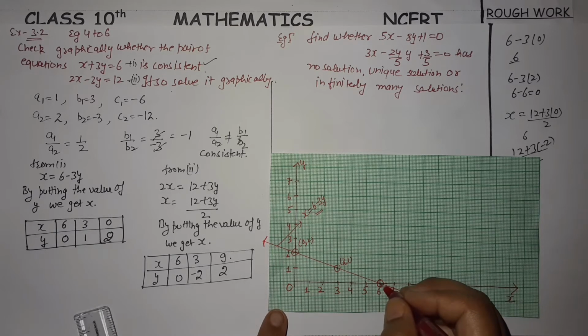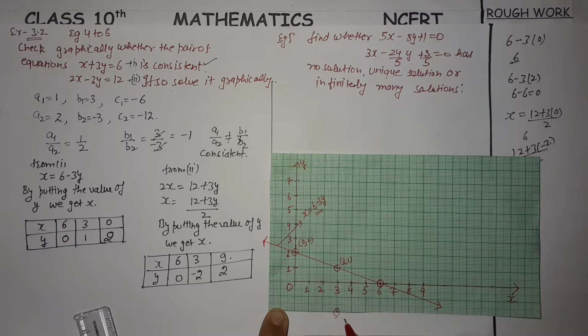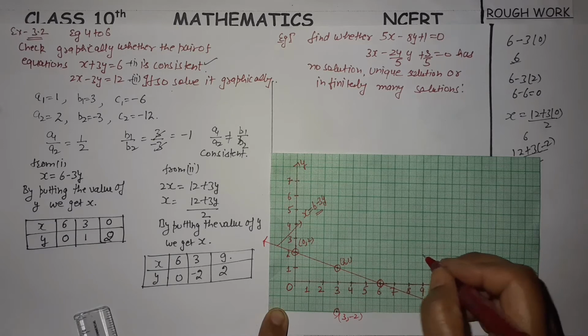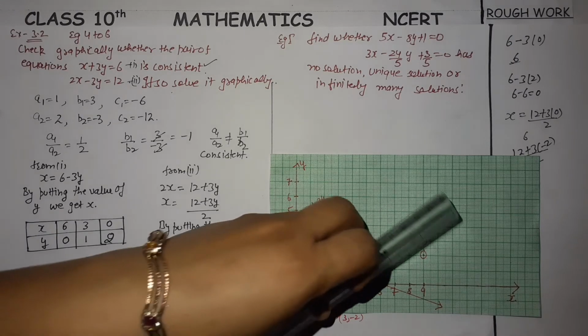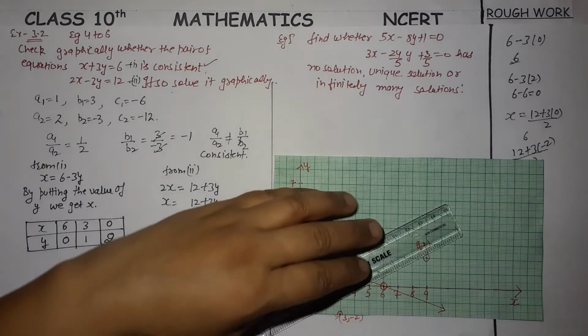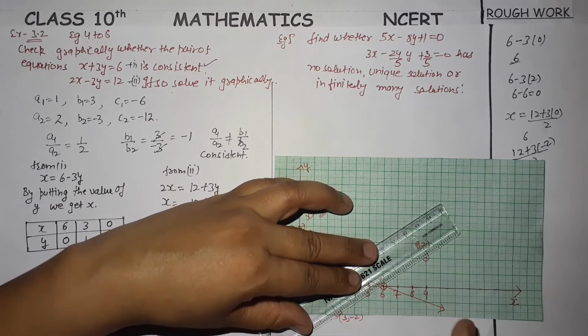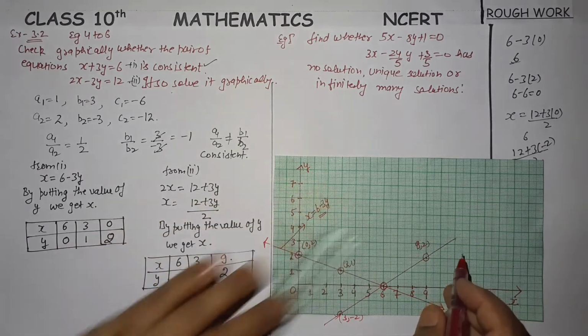Next, 6 comma 0, same. x 3, y minus 2 comes here. x 9, y 2. Now join. Also, it shows a single straight line.